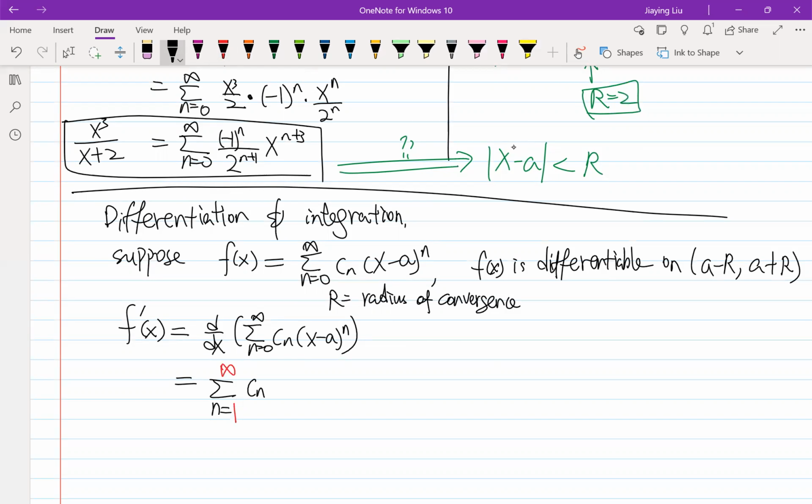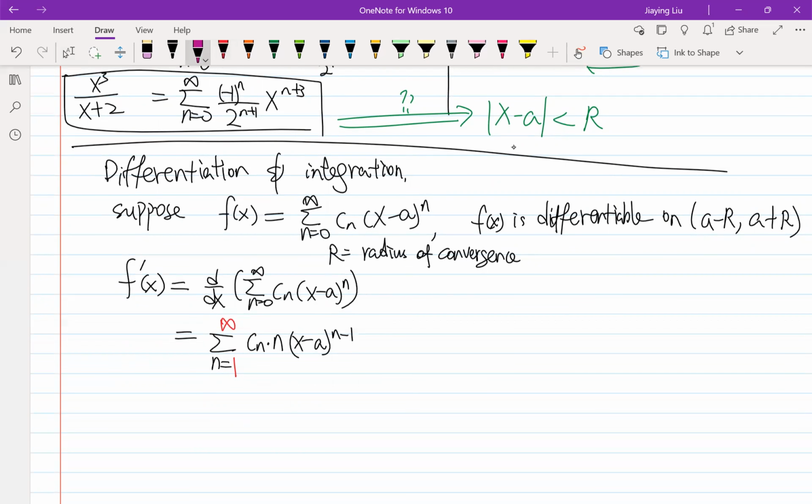For (x minus a) to the n, when we take the derivative, we bring the exponent in front and subtract 1 from the exponent. So that's the derivative. This expression will give you the power series of the derivative of f. So you don't have to find it from the derivative itself, but you can find it from the power series of the f of x function.